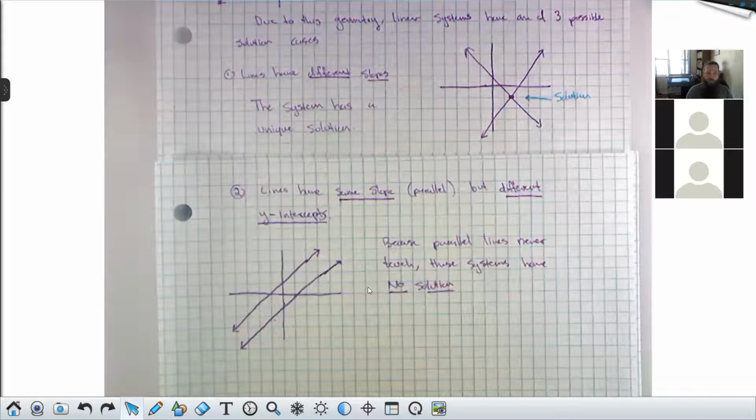What's missing from this picture? So we've got these two cases, right? But I said there are three possible cases. You could have different slopes. You could have the same slope but different y-intercepts.